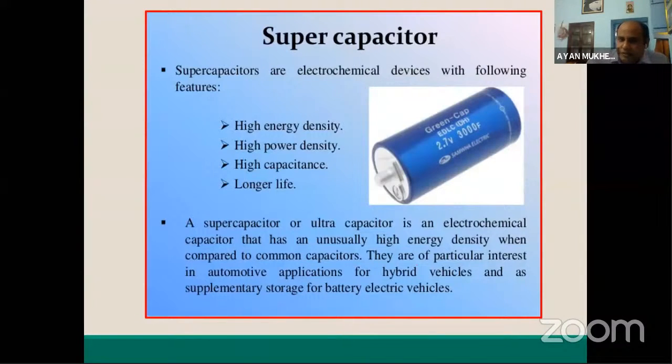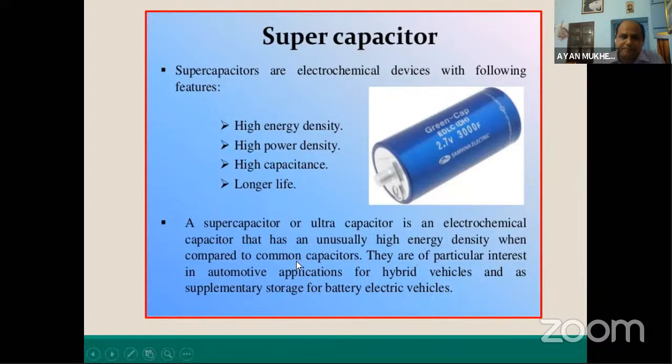Along with that, it should have a longer life and its cost must be reduced. So a supercapacitor is this type of electrochemical device which can have a moderate energy density, moderate power density, high capacitance value, and longer life.